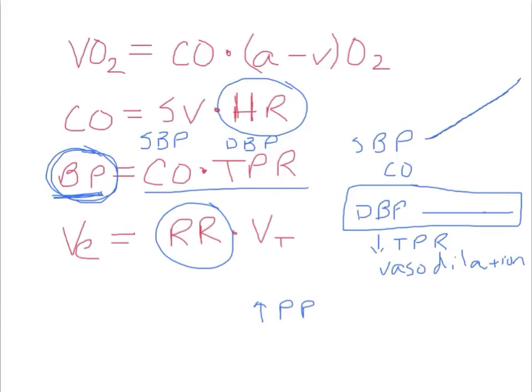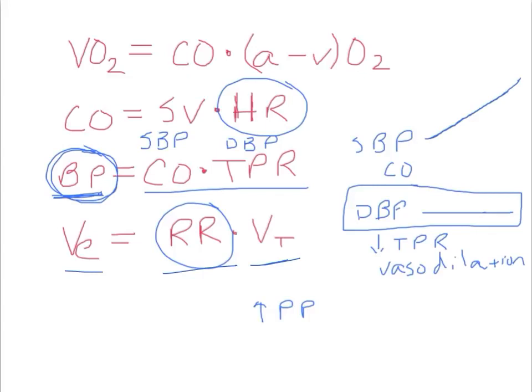I then mentioned that it is important to discuss some of the relationships between these key variables, and some of these variables we measure and others we infer about. So we often infer about ventilation from respiratory rate, and we can observe in a general sense how deep someone is breathing.